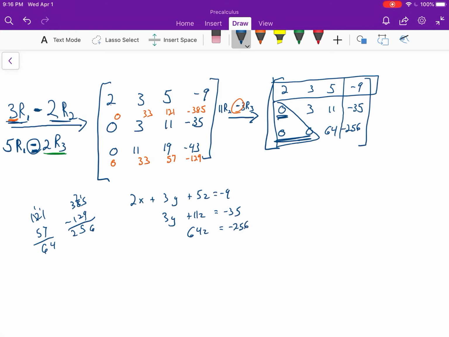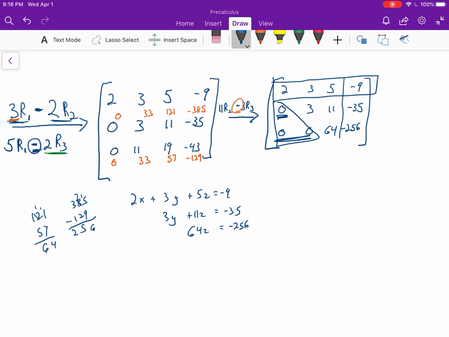If we divide both sides by 64, we are going to get negative 4. Now we can put that negative 4 into the second equation, so we have 3y plus 11 times negative 4 equals negative 35. That's negative 44, so we're going to add 44 to both sides. That's 3y equals 9. So y equals 3.